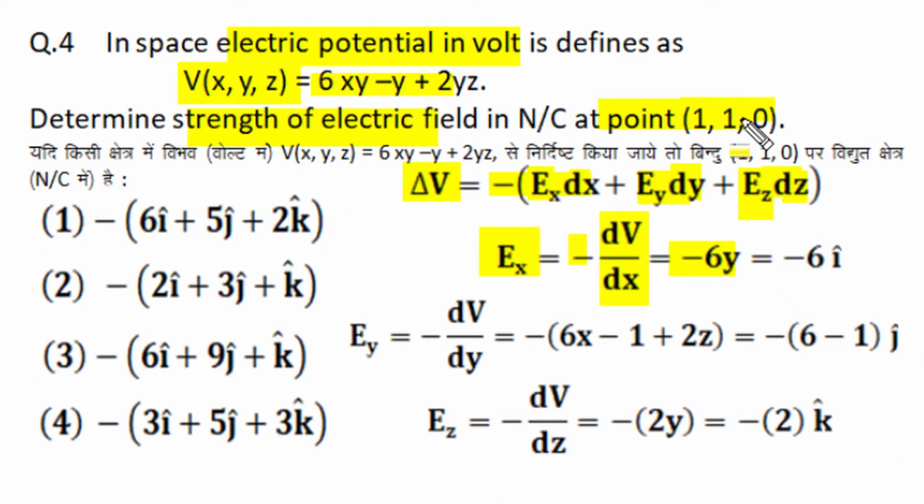For this given coordinate y is 1, so the electric field x component is minus 6 i. So the first or third may be the right choice, and that depends upon the y and z components of the electric field.